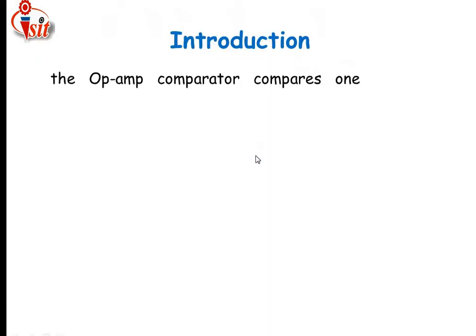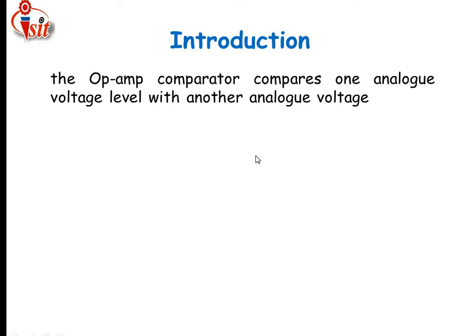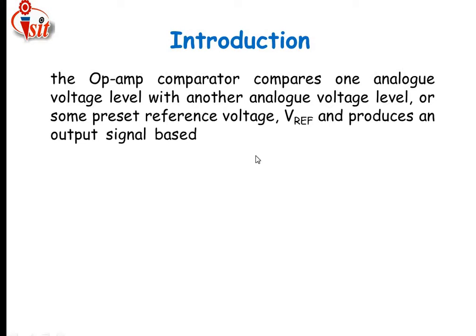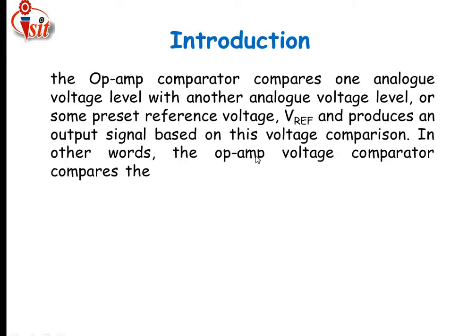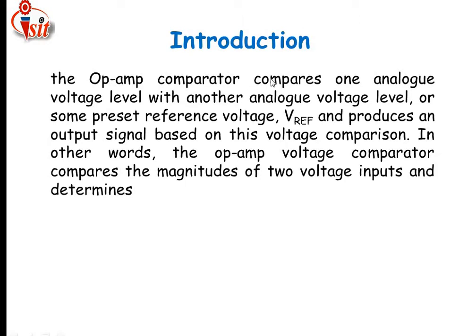This is the introduction related to the comparator. That means what is the definition of a comparator, where we are going to use that comparator in op-amp, and what is the role played by that comparator. Just see here. The op-amp comparator compares one analog voltage level with another analog voltage level.